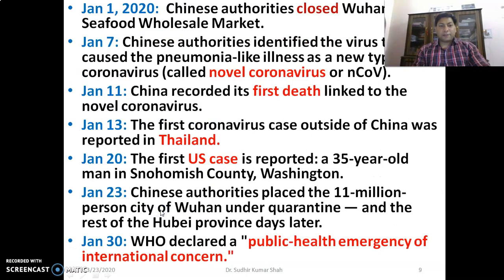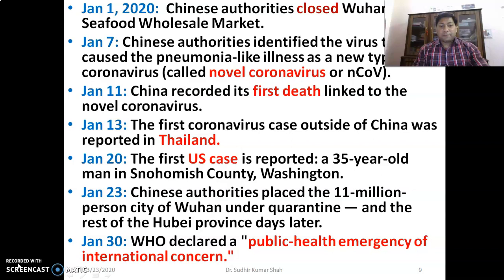And on 1st January, New Year's Day of 2020, what happened? The Wuhan seafood market in China was closed, and subsequently on 7 January 2020, Chinese health authorities identified the organism as a novel coronavirus, and on 11 January, China recorded its first death linked to the novel coronavirus.